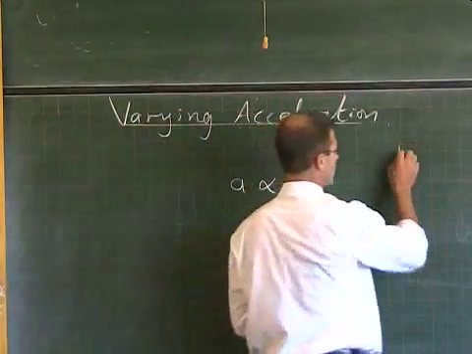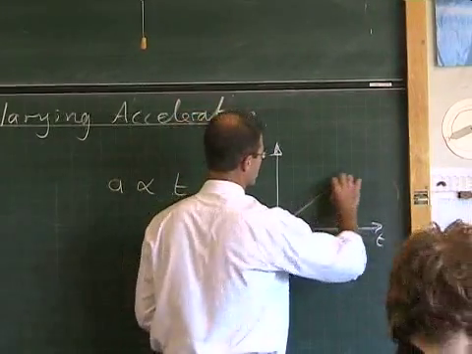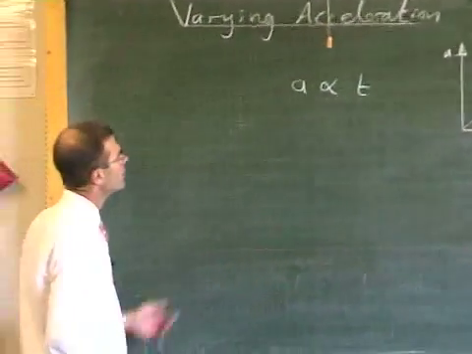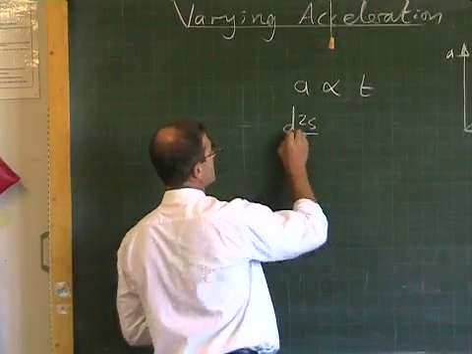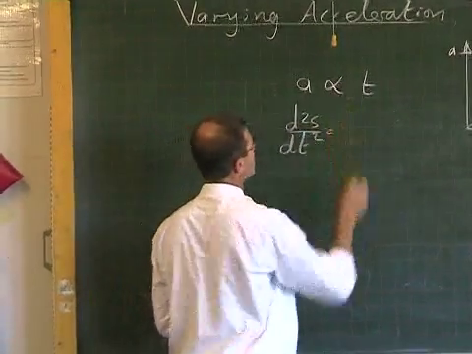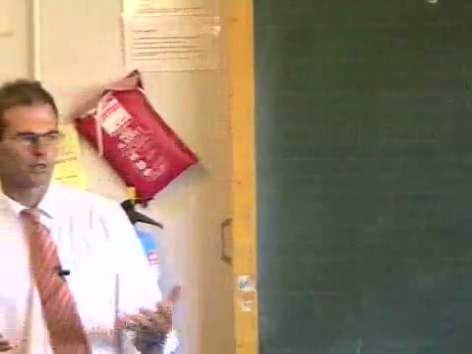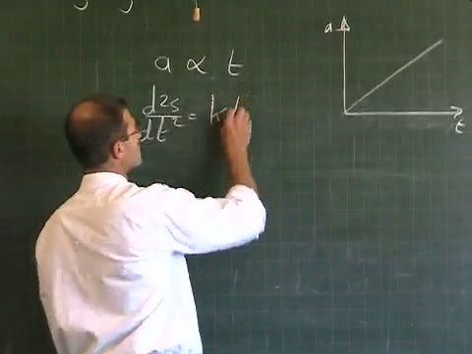If we plotted an acceleration-time graph, the acceleration would be increasing as the time goes on. So d2s by dt squared will be equal to a constant multiplied by the time. It could be a number, a constant factor. We'll just call it k for simplicity. So you've got k times t there.